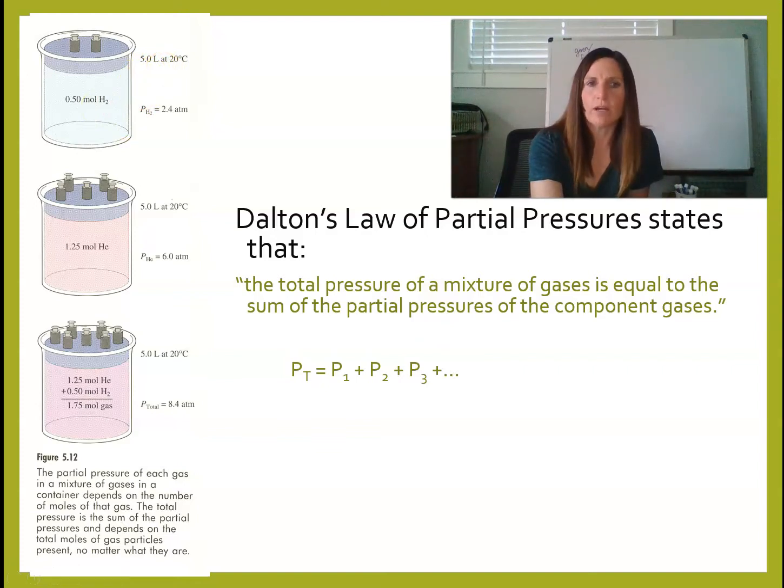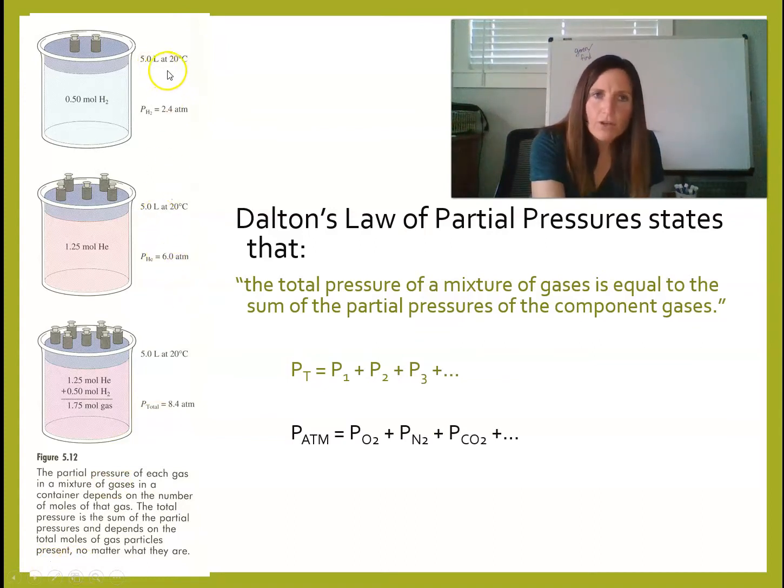So what you can notice about all of these is that the volume and the temperature are going to stay constant throughout the example. We have 5 liters at 20 degrees Celsius, 5 liters at 20 degrees Celsius, 5 liters at 20 degrees Celsius.